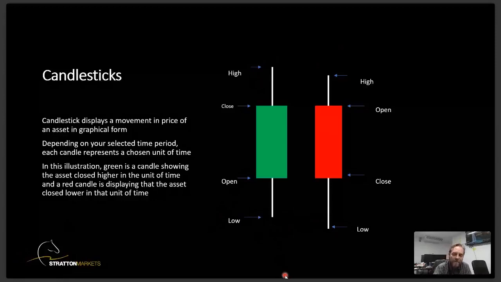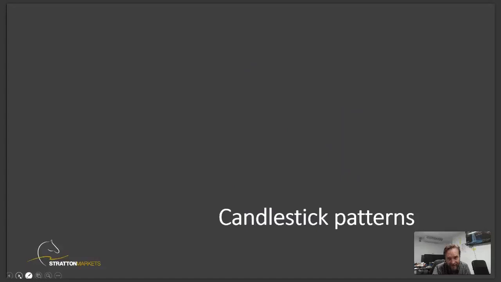Now, because this illustrates so much information, we can then look at different patterns and try to identify them. And hopefully, by identifying these patterns, we can potentially see where the asset may be heading next.